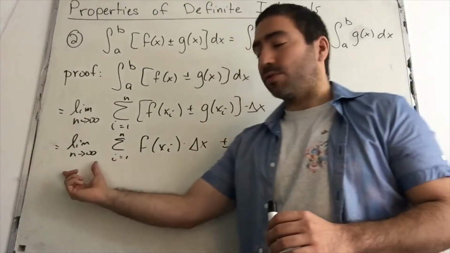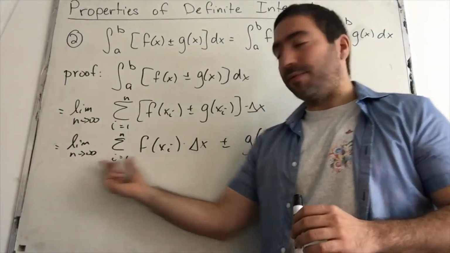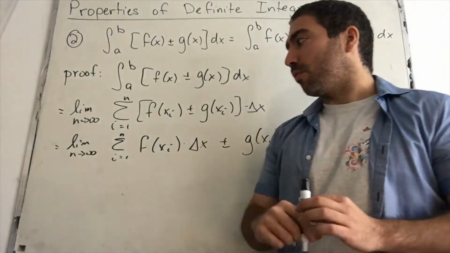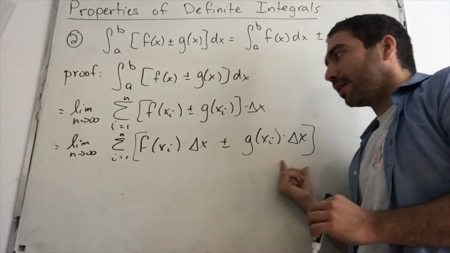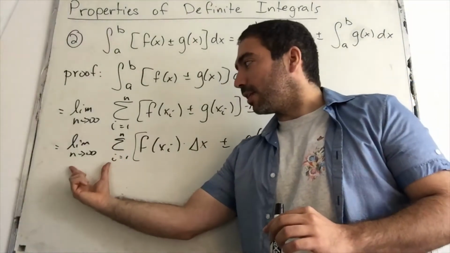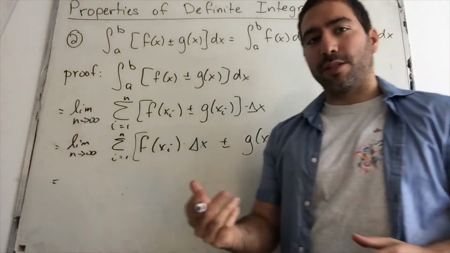And similarly for limits, whenever you're taking the limit of two terms which are being added or subtracted, then you can take the limit of each term individually. So technically right now all this is inside the limit and the sum. We're just going to take the limit and the sum of each term individually, which we've seen in earlier videos. These are properties that we're allowed to use.